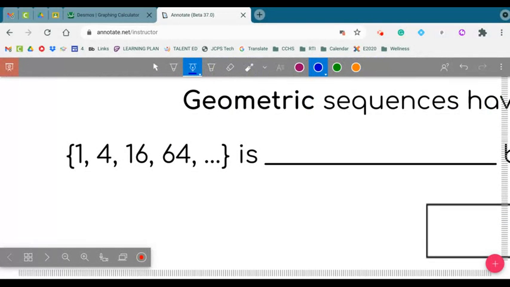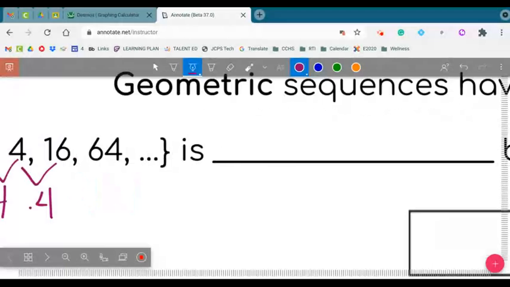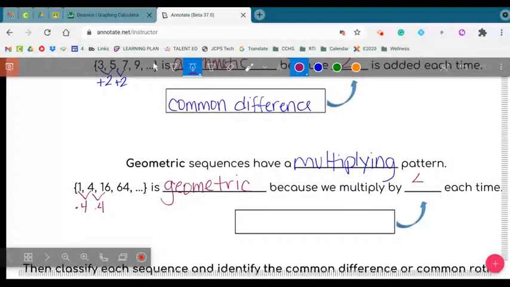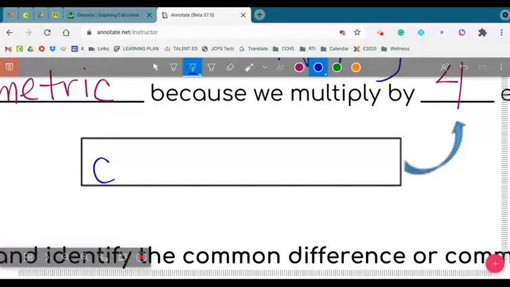On this one, from 1 to 4, I'm multiplying by 4. From 4 to 16, I'm multiplying by 4. So I can clearly tell that I'm multiplying by 4. This is geometric because I'm multiplying each time, by 4 each time. The number that we're multiplying by is going to be called the common ratio.